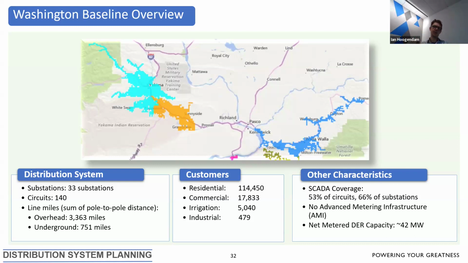And so we've started this optimal time rewards program, and we see that as another way that we can control load behind the meter to help defer some future grid needs on the system.